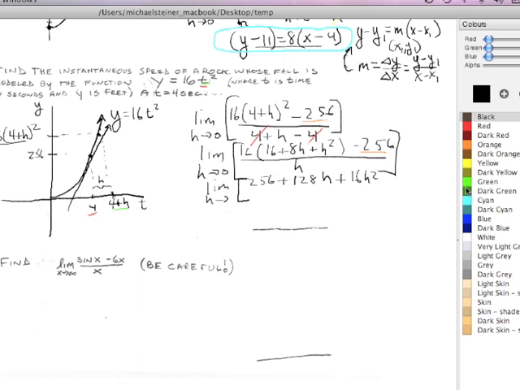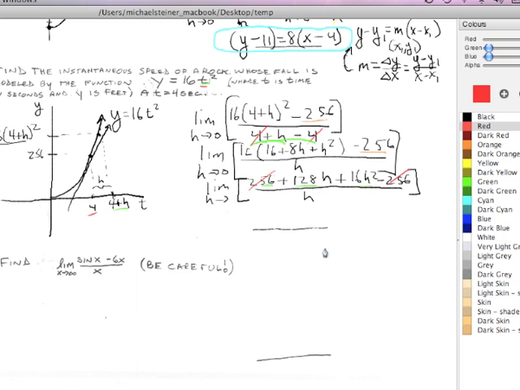All I did was distribute this 16 over each of these three terms. And then we still have this minus 256 over here, but not for long.